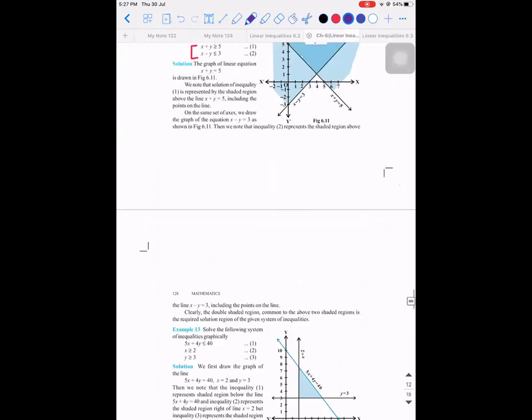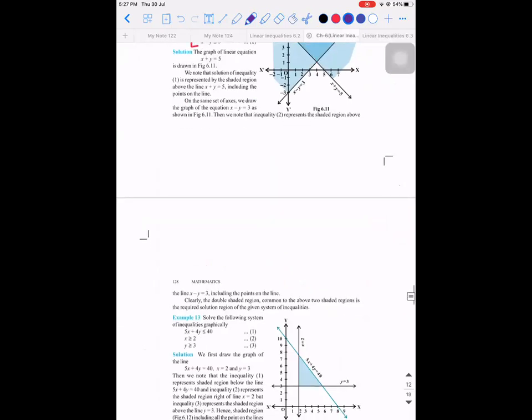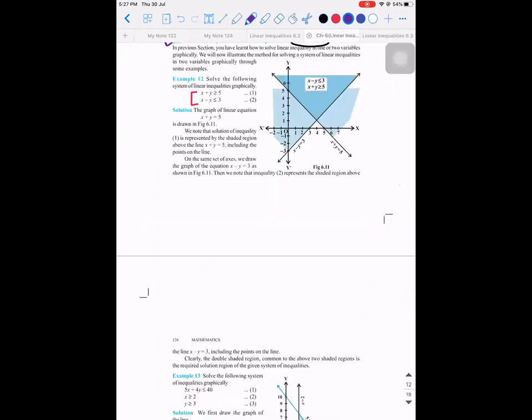So they did it in the same way as we did. But what did they get the common region as? This light blue part represents the line x plus y is equal to 5. This light portion represents the line x minus y is equal to 3. But this dark blue region is there, no?